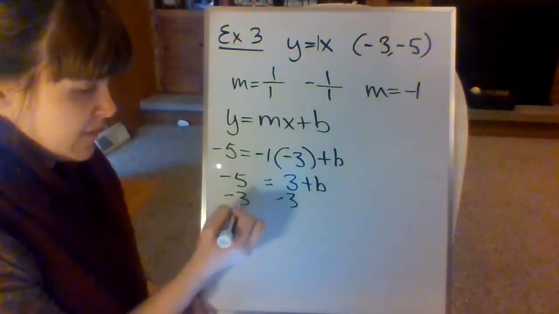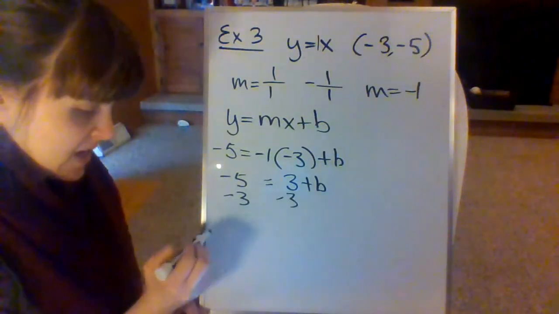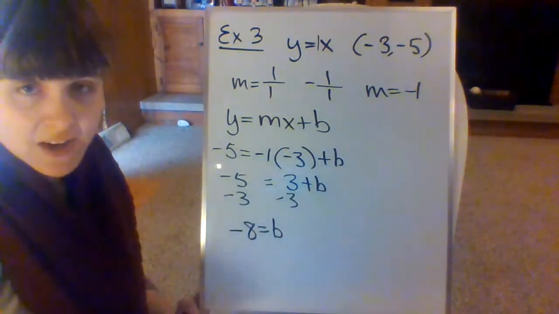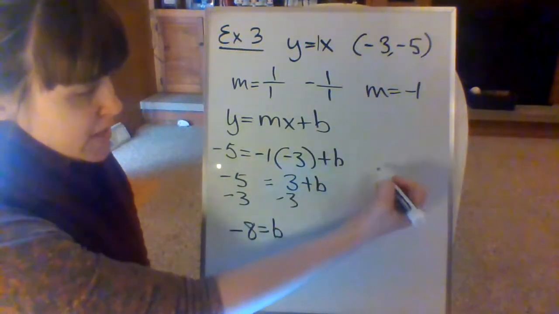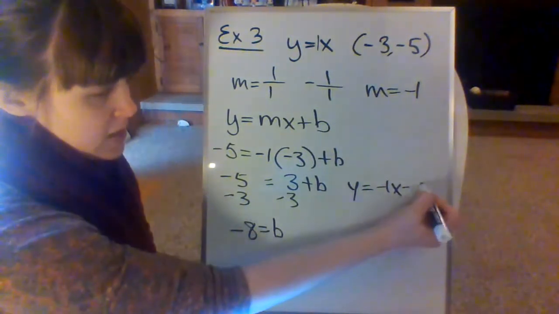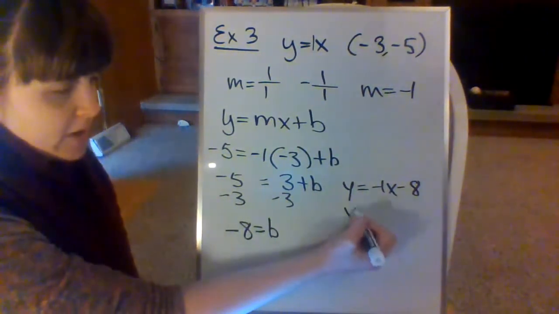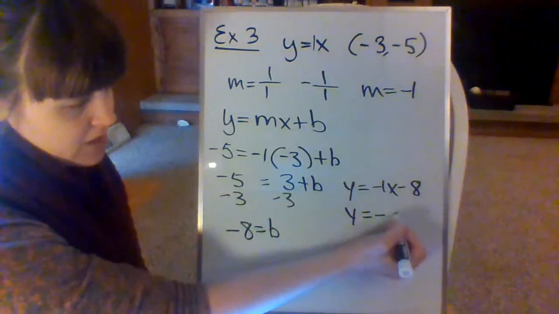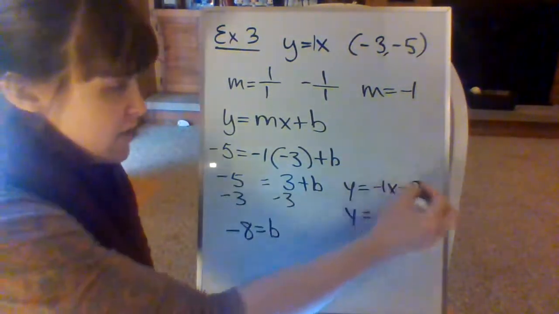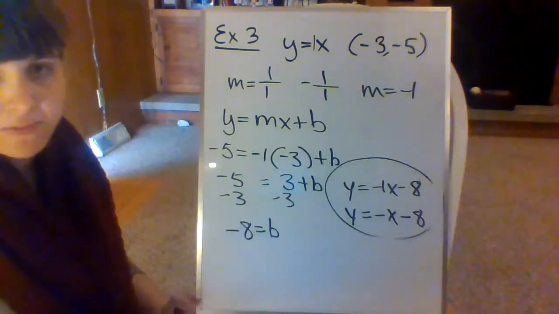Alright, so -5 minus 3 is -8. So b is -8, and our slope was -1, so our equation is y equals -1x minus 8, or you can write it as y equals -x minus 8. So either one there is acceptable.